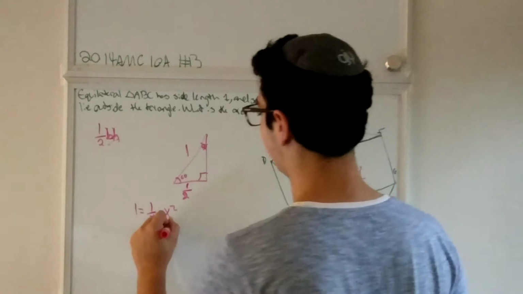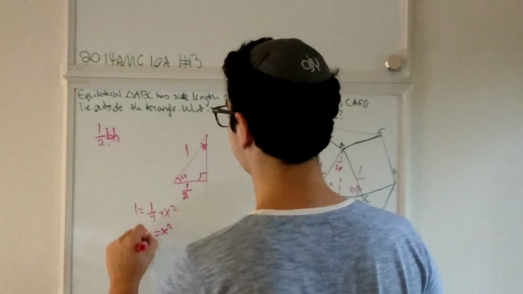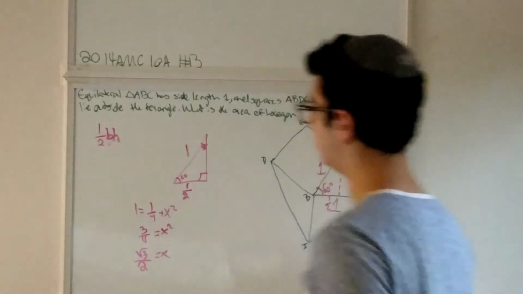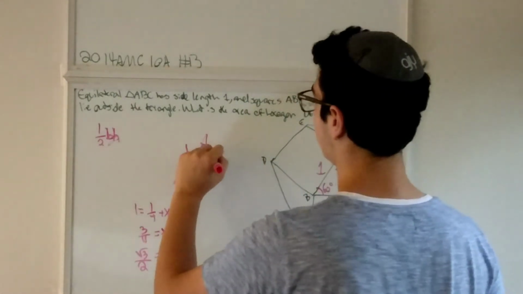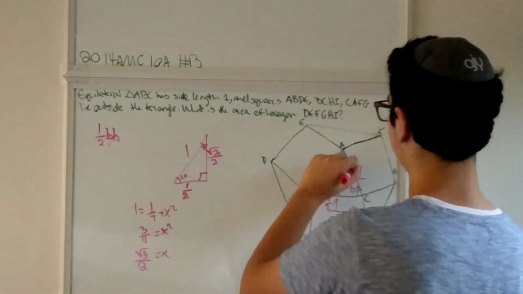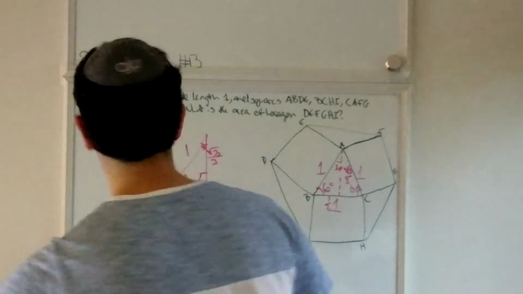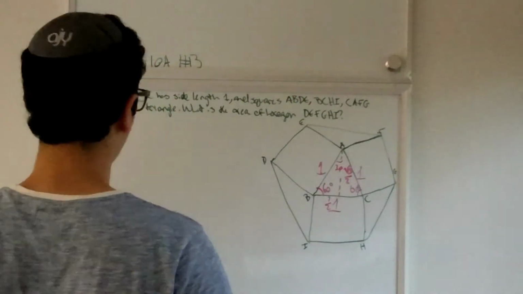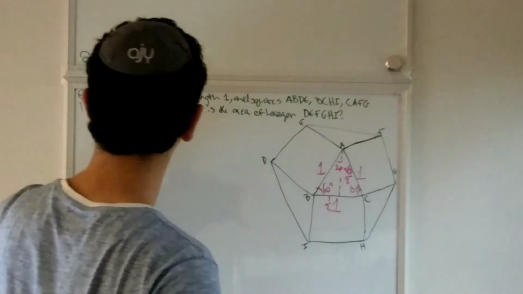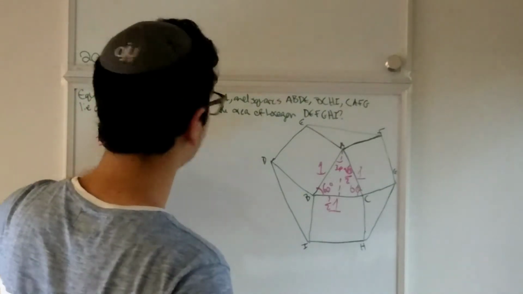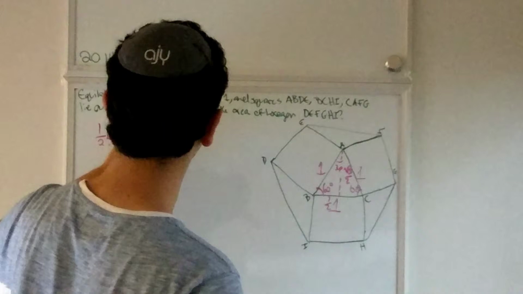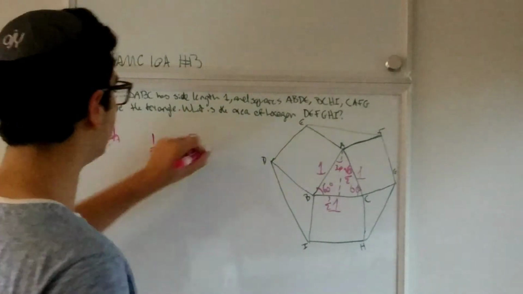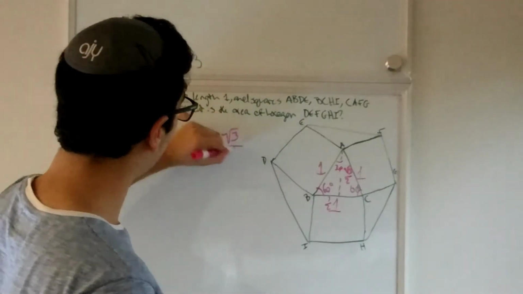That means x squared is equal to 3/4, and x is the square root of 3 over 2. So the area of this equilateral triangle is 1/2 times base times height, which is 1 times root 3 over 2, which is equal to root 3 over 4.